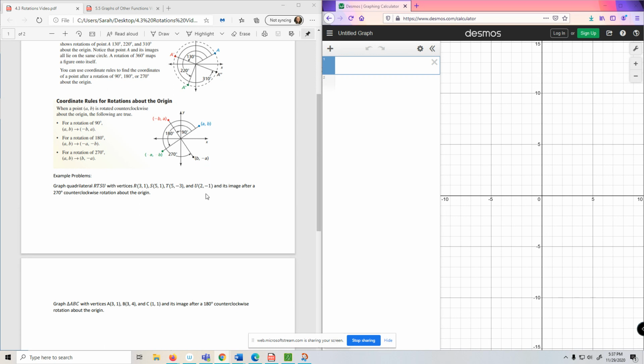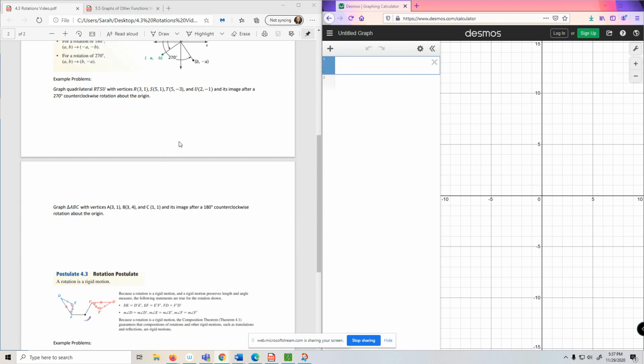Part of what we're going to do today is graph some polygons in the coordinate plane and rotate them the appropriate number of degrees, and we'll do that using Desmos as usual. So for our first example problem, they want us to graph quadrilateral RTSU with vertices there. So let's go ahead and do what we usually do, put those vertices into Desmos.